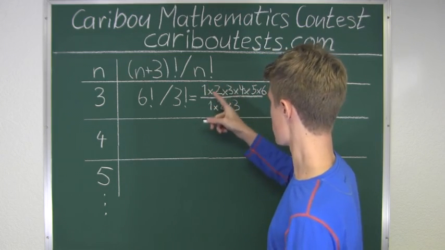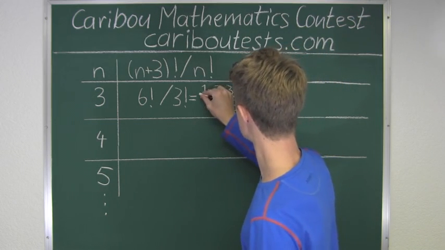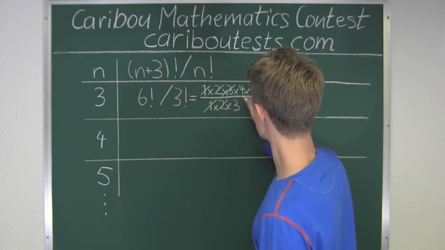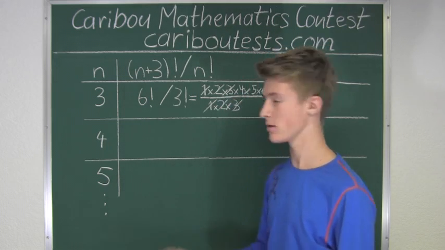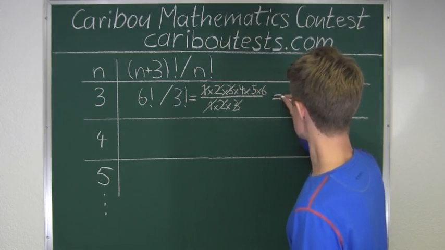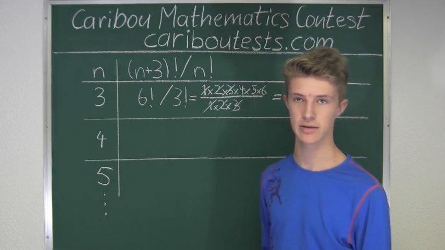So the 1 times 2 times 3 cancels out in the numerator and the denominator. What we are left with is 4 times 5 times 6. So this is equal to 4 times 5 is 20, times 6 is 120.